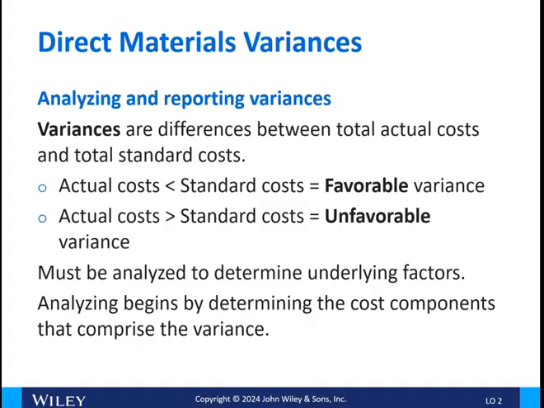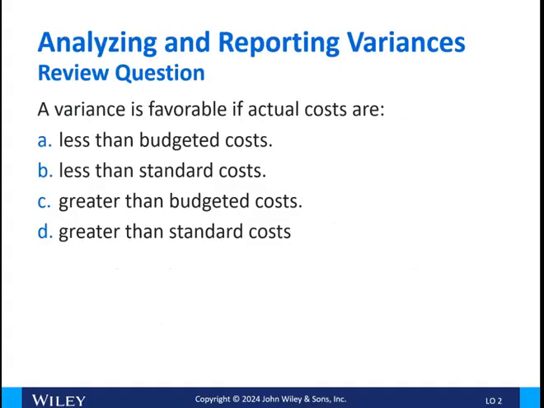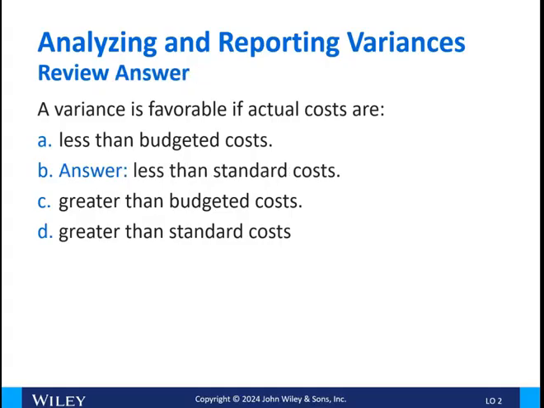And then we can break the variance down to determine the cost components that comprise it, and we're really going to look at quantity and price as the two big things. So a review question, a variance is favorable if actual costs are less than budgeted cost, less than standard cost, or greater than budgeted cost, greater than standard cost. If a variance is favorable, it's less than our standard cost.